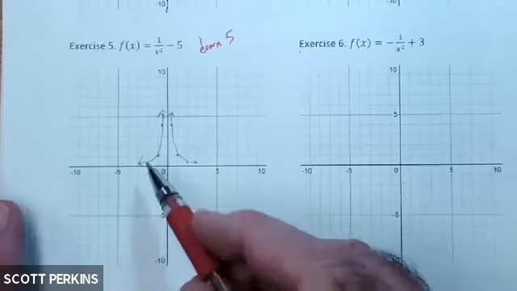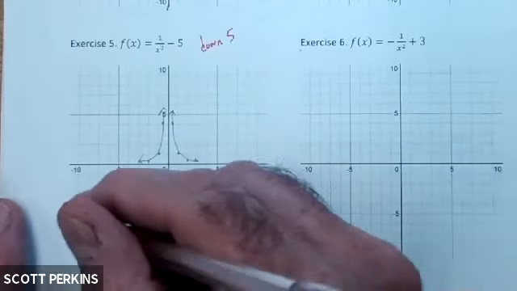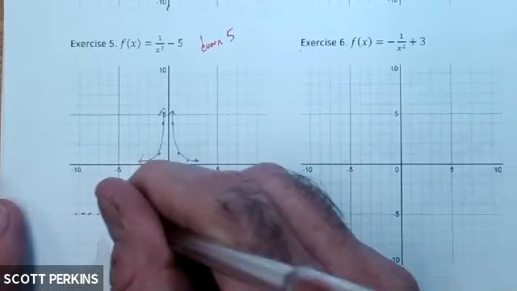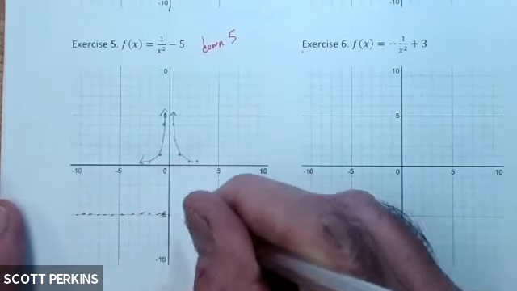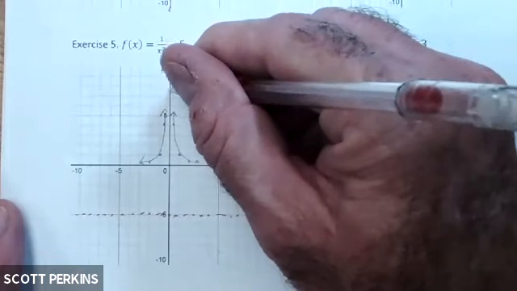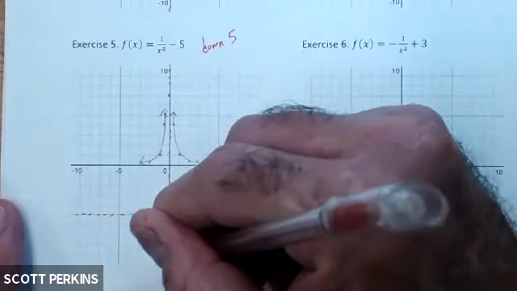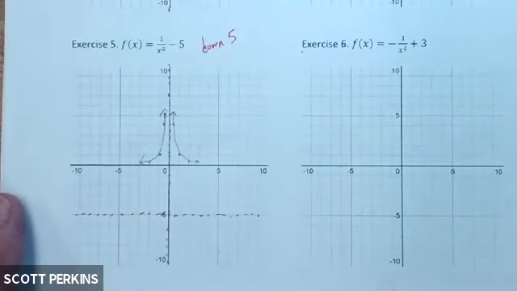All right, so here's my basic graph. I got it in pencil right there. So I'm going to move the whole thing down 5. That doesn't affect the vertical asymptote, but it does affect the horizontal one. So I'm just going to do a nice red dotted line there, and a nice red vertical line right here on the y-axis. Now I'm just moving the whole thing down 5.